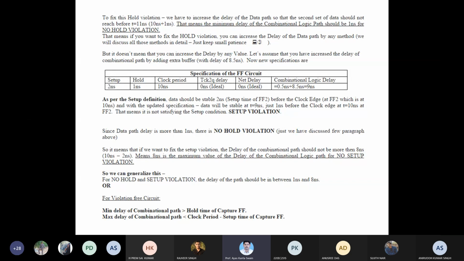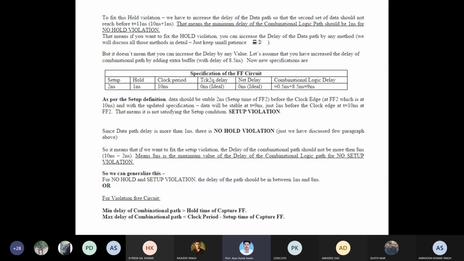As per the setup definition, data should be stable 2 nanosecond, that is the setup time of FF2, before the clock edge of FF2, which is at 10 nanosecond. Okay. So with the updated specification, data will be stable at t equal to 9 nanosecond. Are you getting my point? If you go back again, iterate your design.